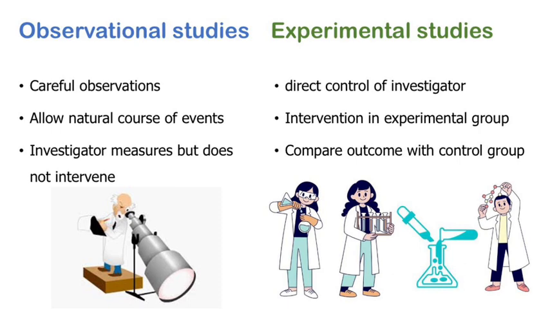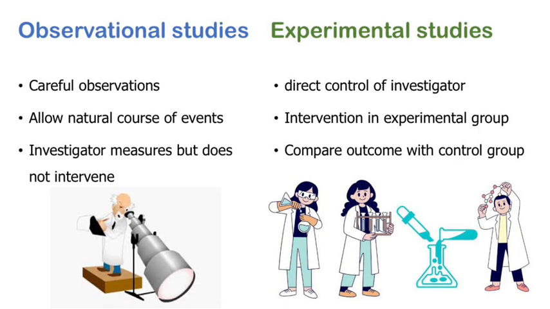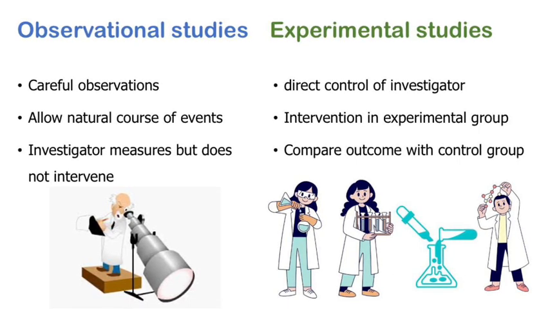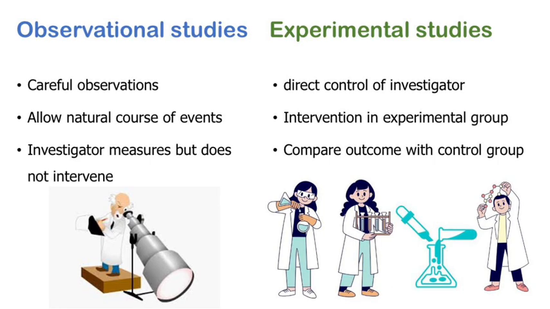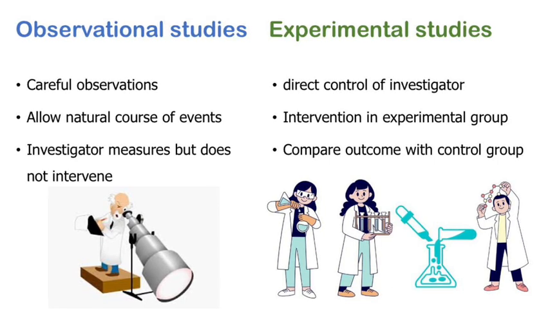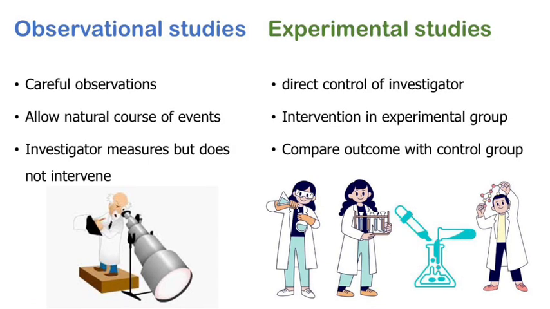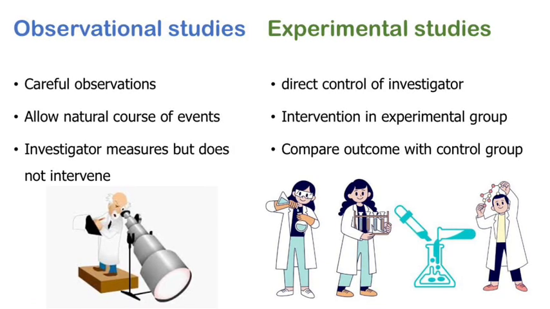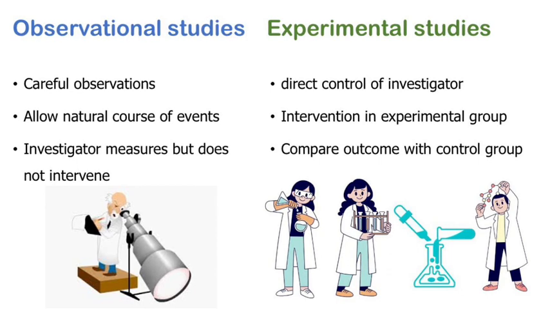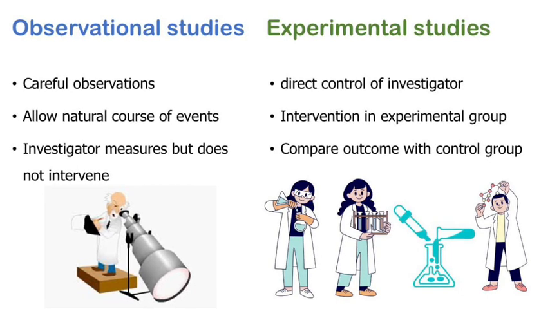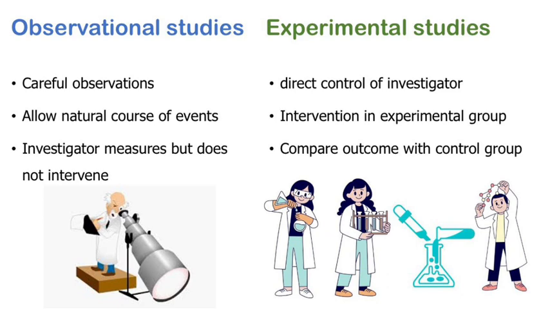Now, let us differentiate between observational studies and experimental studies. In observational study, we are observing the study population without doing any intervention. The investigator allows to follow the natural course of events.